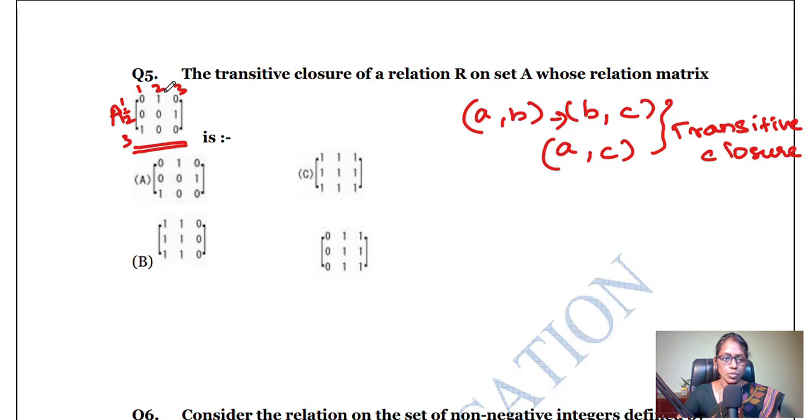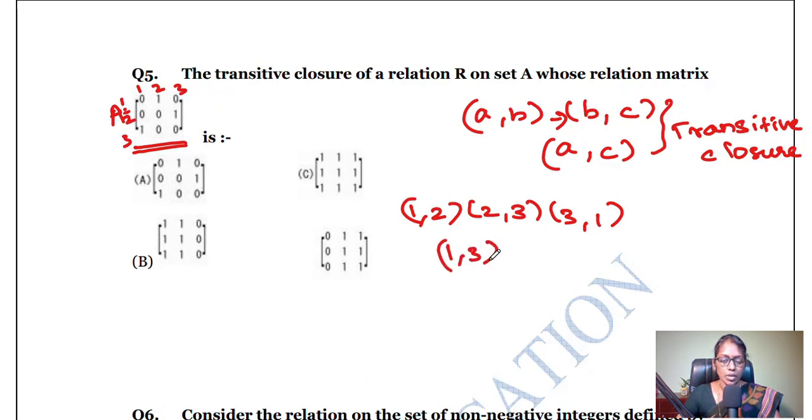So (1,2) is there, (2,3) is there and (3,1) is there. Now (1,2) is there and (2,3) is there, so (1,3) must be there if it is a transitive closure. Then (2,3) and (3,1) are there, so you can write that (2,1) must be there in the transitive closure.